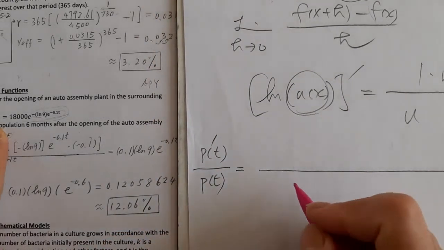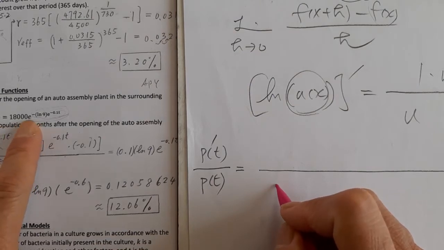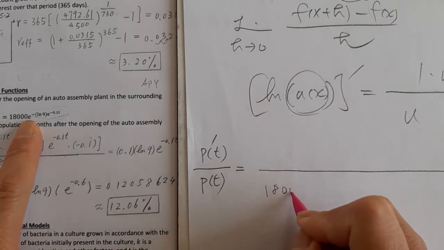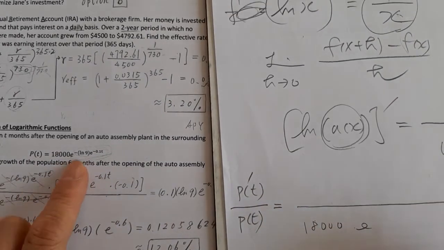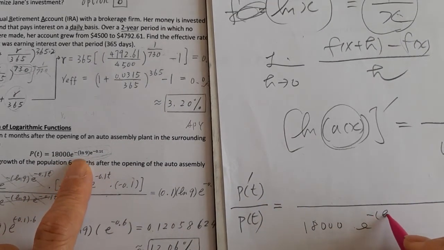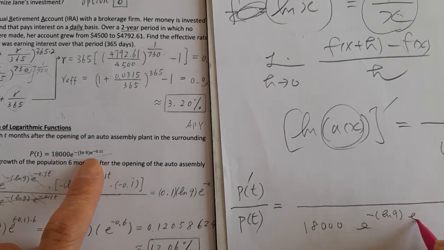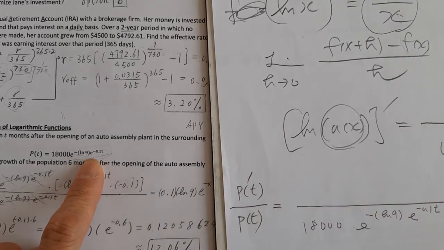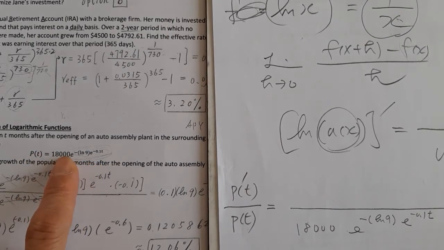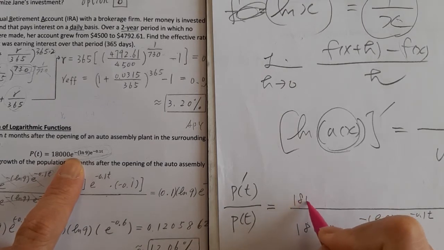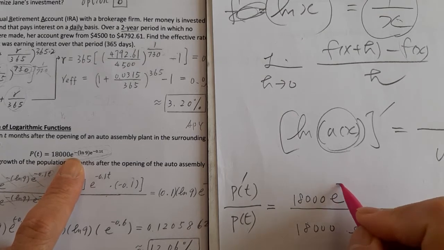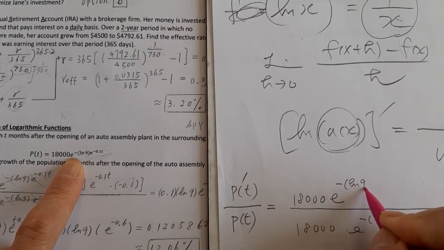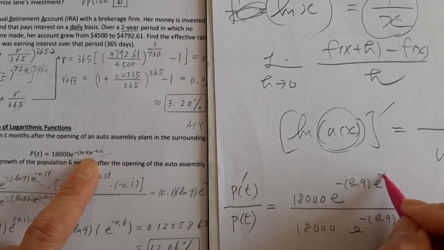P of t is this, and since it is an E function, e to the power negative ln9 and then e to the power negative 0.1t. If you take the derivative, because it is the E function and the coefficient is constant, it is still there. The derivative of an E function is still E, it doesn't change, e to the power x.